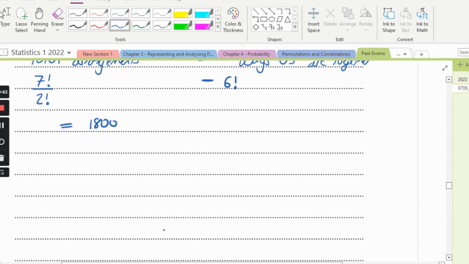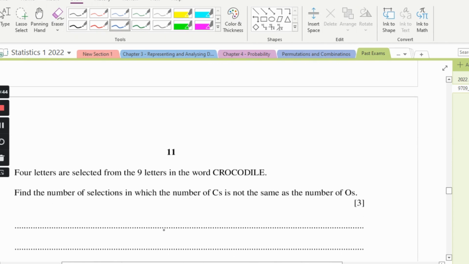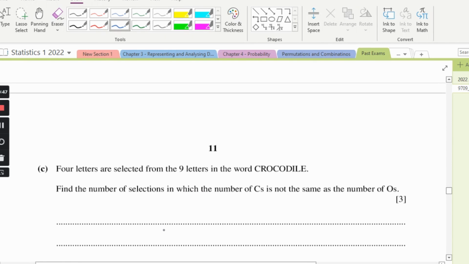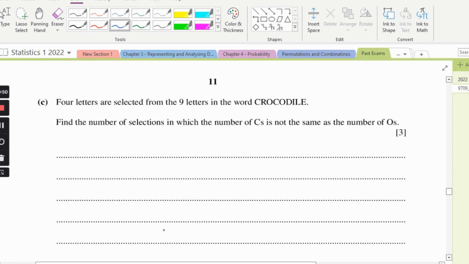All right. Now, this time we're going to select letters from crocodile. And we're going to find the number of selections in which the number of C's is not the same as the number of O's. Okay, so what are the ways we could do this? Well, we could get 1 C and no O's. We could get 1 C and 2 O's. We could get 2 C's and no O's.